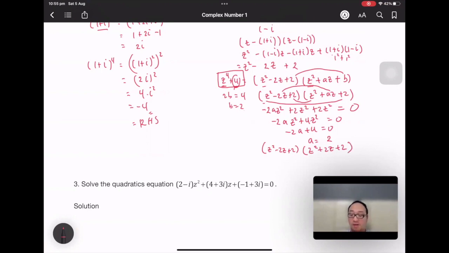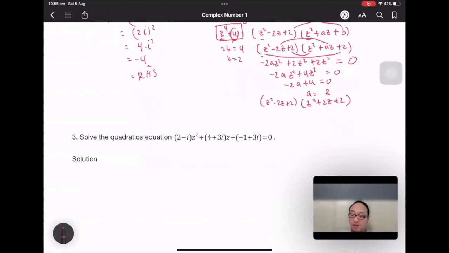And we have to find the complex roots from this. We can use the formula again. So z equals minus b plus minus square root of b squared minus 4 times 1 times c, over 2.